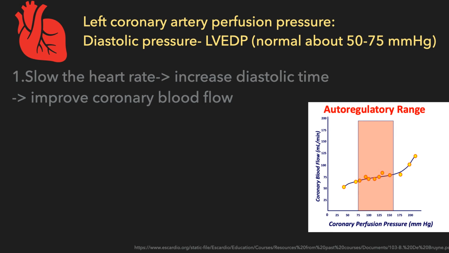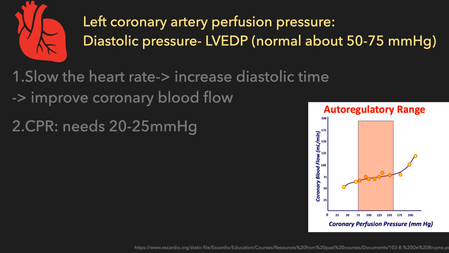The reason for dropping the heart rate is not only decreased cardiac demand, but because when you drop the heart rate, you have more diastolic phase. When you have more diastolic phase, you basically have more time for the coronary artery to perfuse, because the coronary artery only perfuses during the diastolic phase, right?